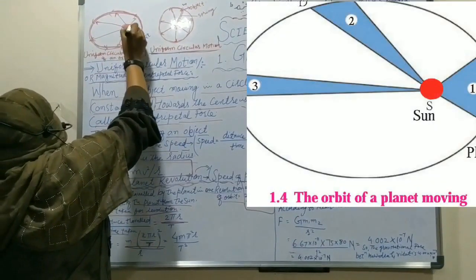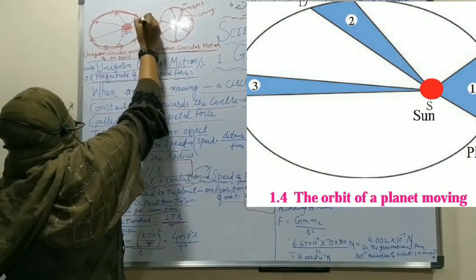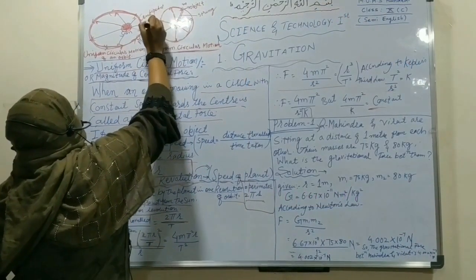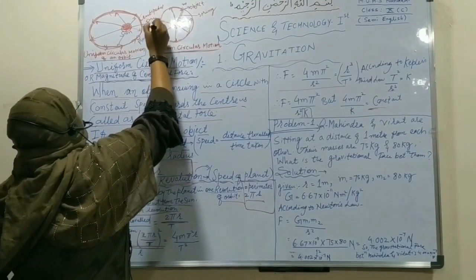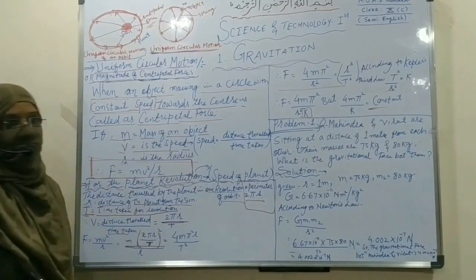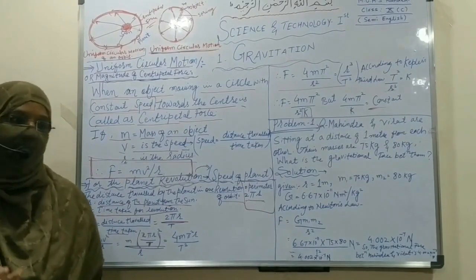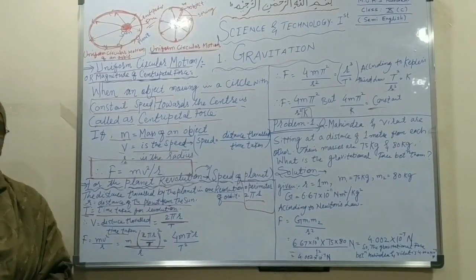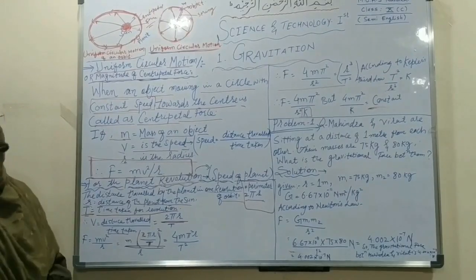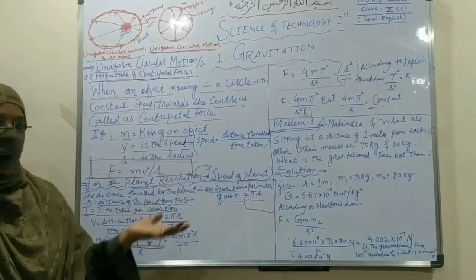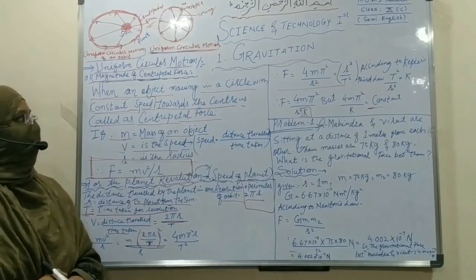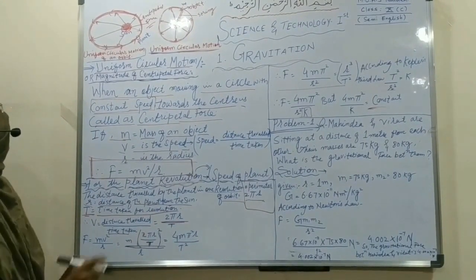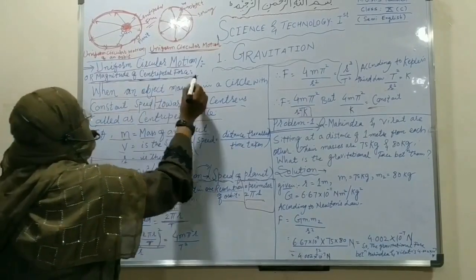Therefore, there is also a centripetal force in the solar system, and the center of all the planets is our sun, and all the orbits rotate around the sun. So that was about uniform circular motion and the magnitude of centripetal force.